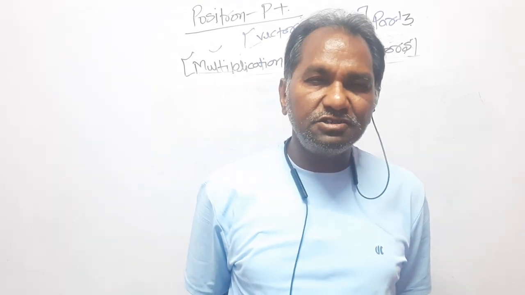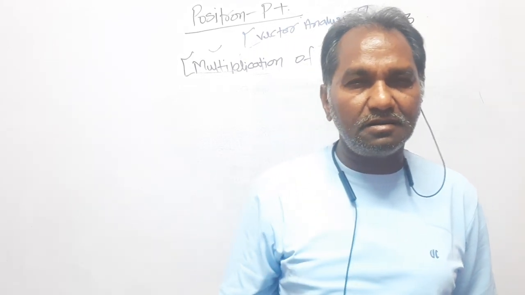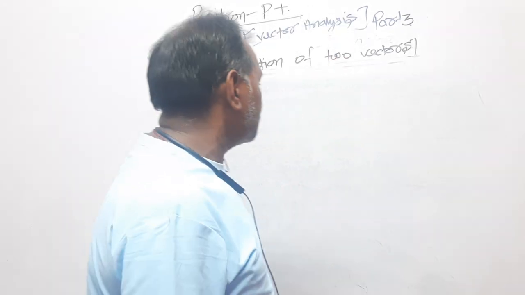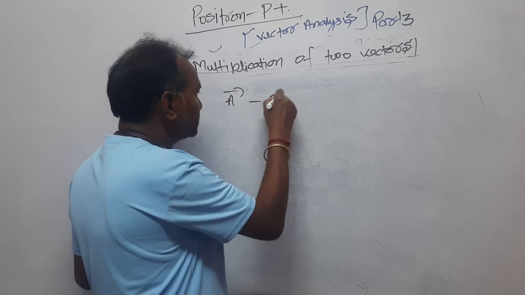After that comes subtraction of two vectors. I told you that subtraction is not a special case. Actually, there is no different method used for subtraction in vector analysis. Subtraction is a kind of addition. Like you have to subtract vector B from vector A, right?